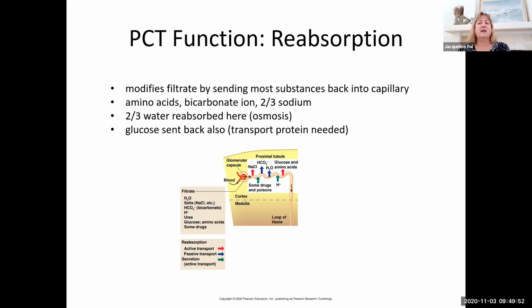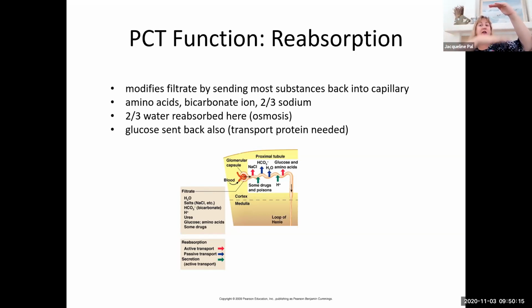Now, the glucose transportation is a little bit different than the other ones in that glucose molecules require a transport protein. And so if you have normal levels of glucose and normal levels of transport protein, it's hunky-dory, all the glucose goes back. But if you have elevated levels of glucose as seen in diabetes or other conditions, you don't have elevated levels of transport protein.